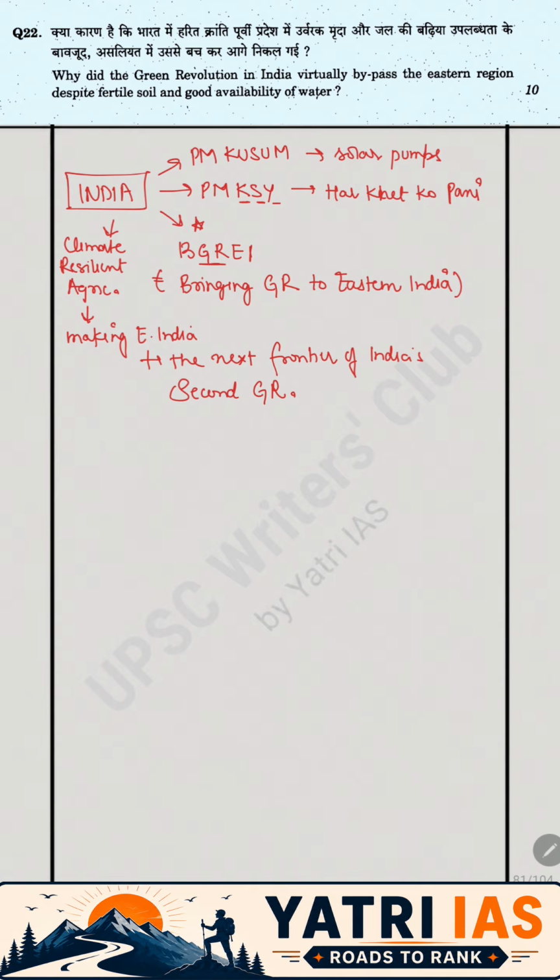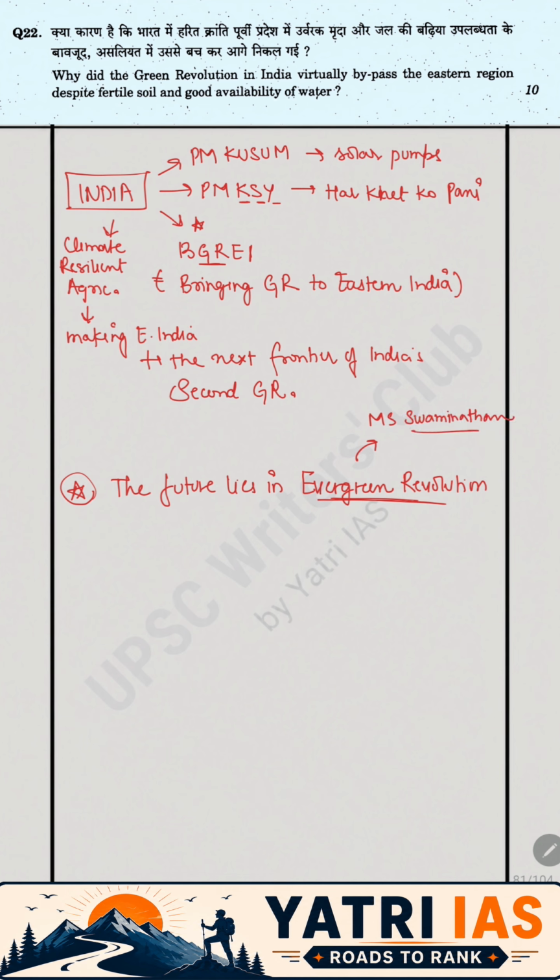So after mentioning these initiatives, towards the end of the answer, we would mention the future lies in evergreen revolution. This term was used by the most famous person, that is MS Swaminathan. So you quote him to end your answer.